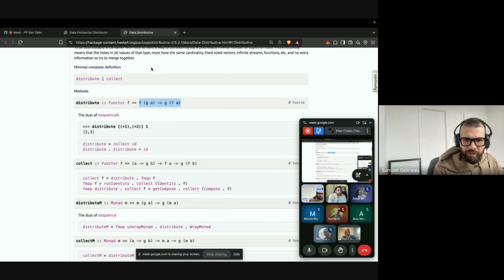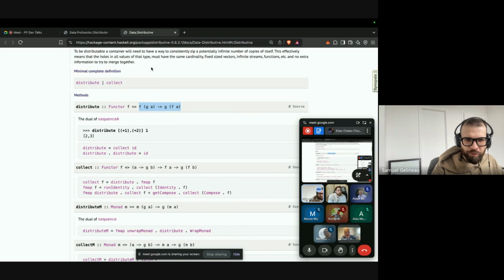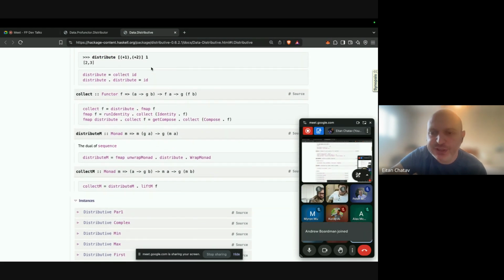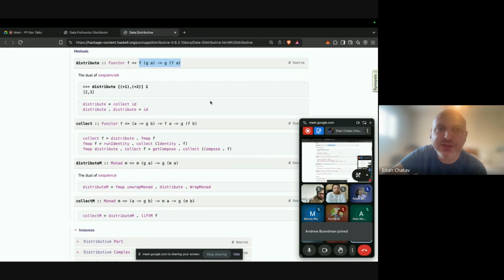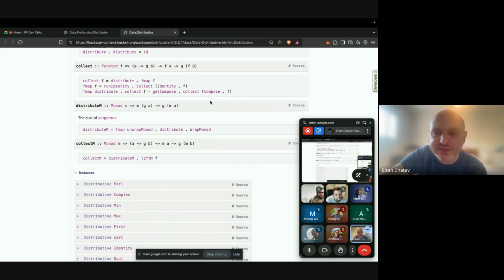Can we again have a concrete example of a distributive functor to anchor our intuition? Indeed. So any, let's say reader, any function type is going to be distributive.